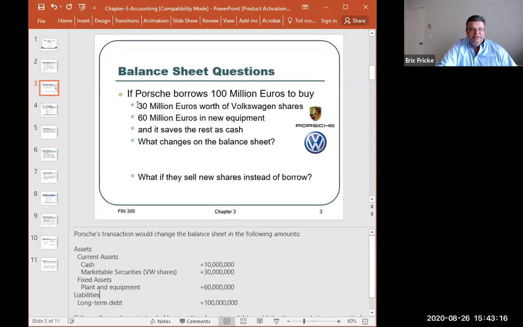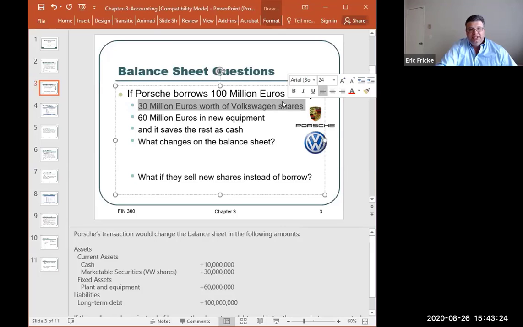Let's look at the second transaction here. Porsche buys 30 million euros worth of Volkswagen shares of common stock. What would change on the balance sheet if they now own 30 million euros worth of Volkswagen stock? Your assets increase, exactly. And specifically, it'll be in current assets, right?